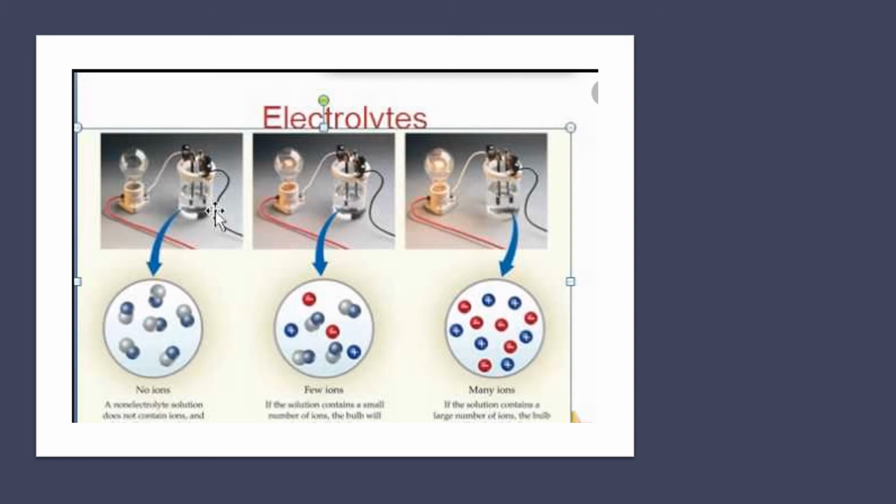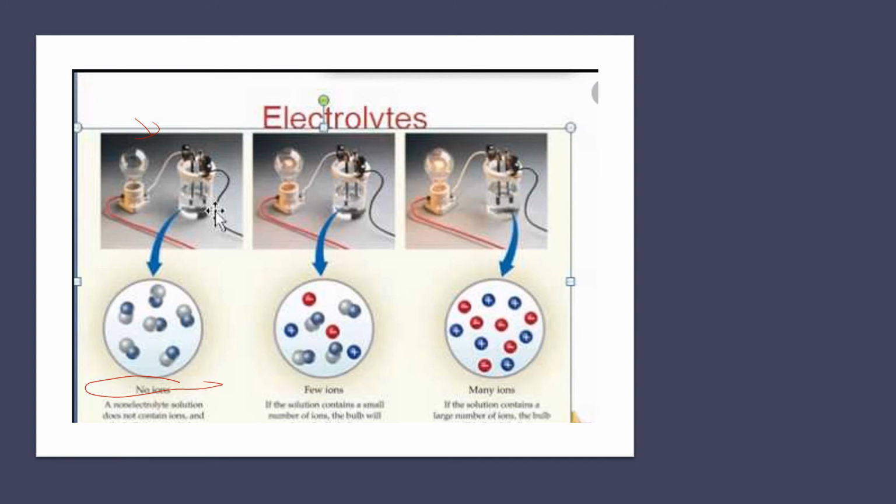How to differentiate between strong, weak, and non-electrolytes? First, for non-electrolytes, there is no ion. The bulb is off when we test with an electrolyte tester.